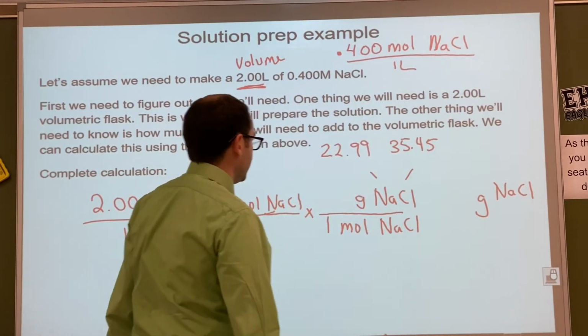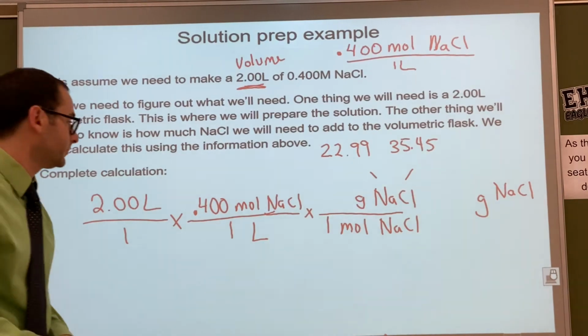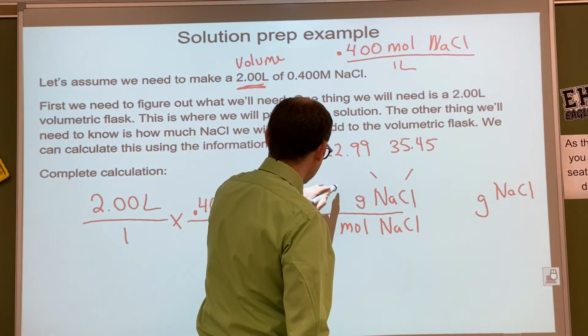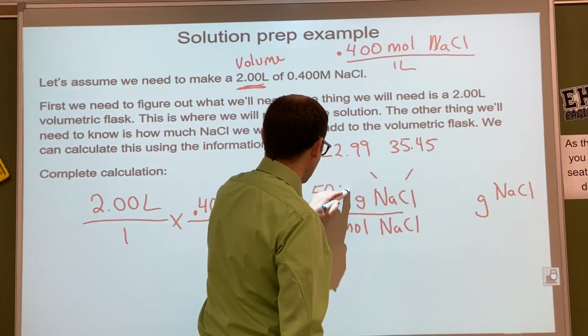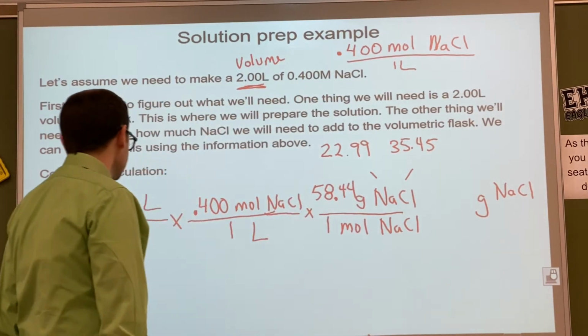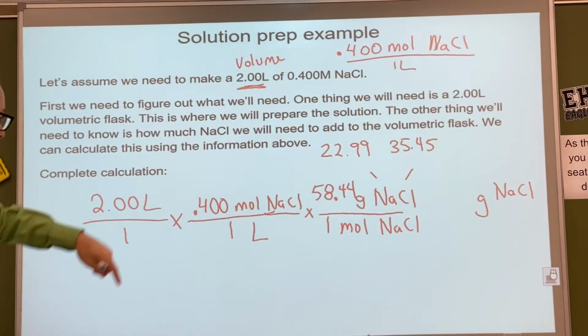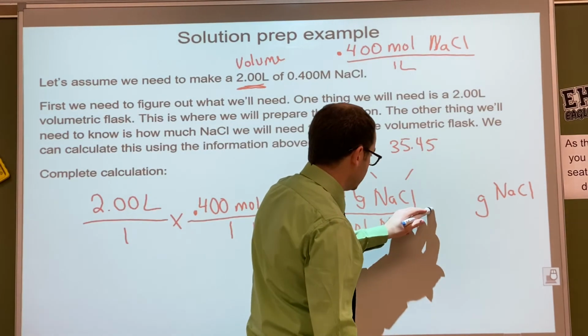You add them up, what do you get? 58 point what? 44. And then for this problem, we just multiply across because all the bottoms are 1s.